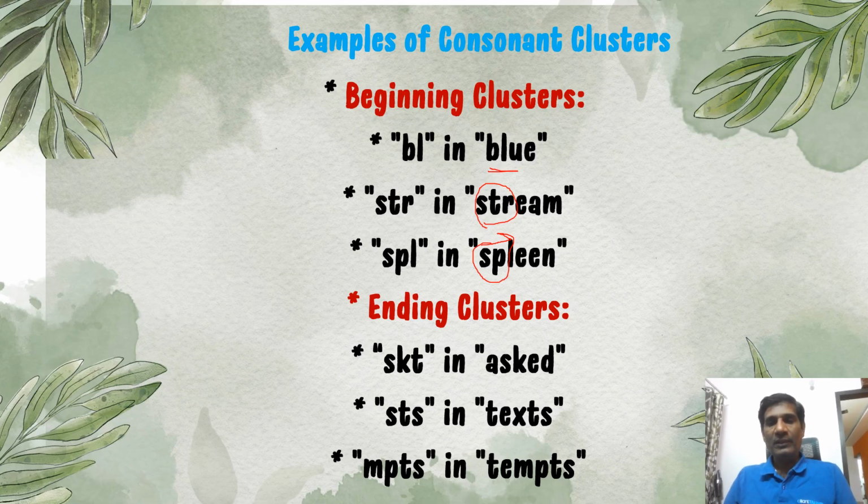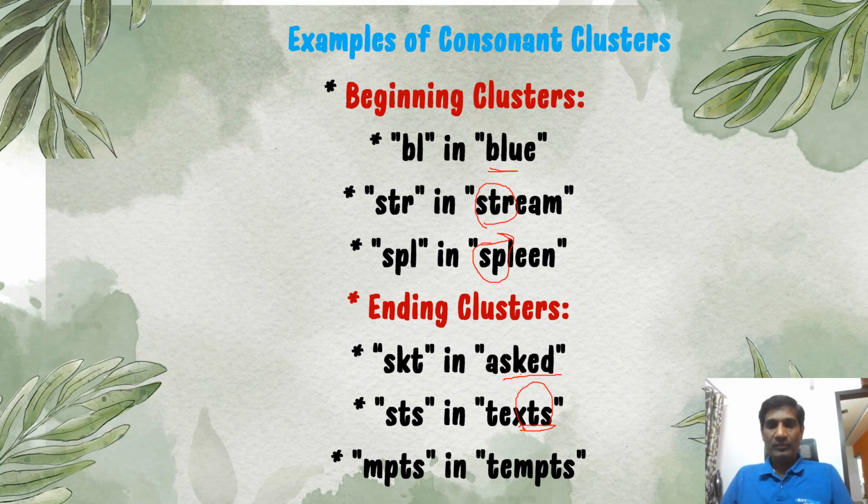For example, asked. s, k, t. The ed is pronounced as t. So this is asked, an ending cluster. Then text. This is k, s, t, s. These form a cluster. Next, see the word temps.